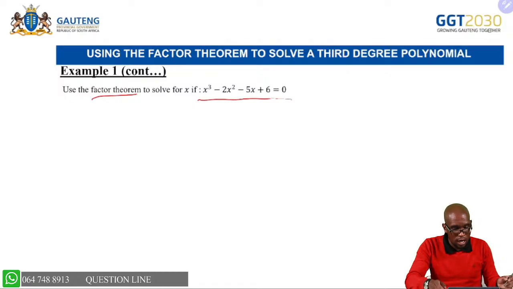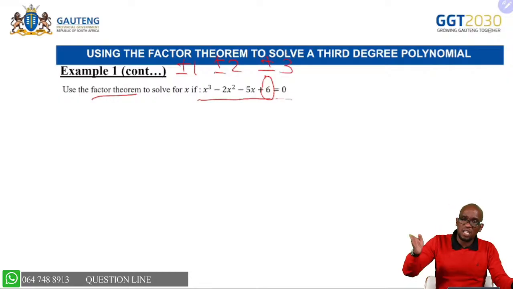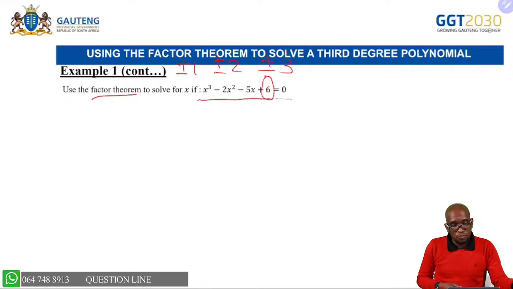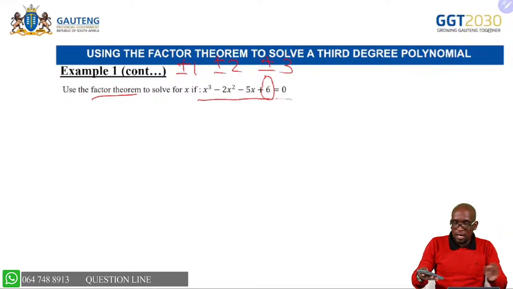How do you work out the factor? You look at the last term. So the factors of the last term, it's plus minus 1, plus minus 2, plus minus 3. Those are the factors of the last term, 6. So we're going to try those factors out in our calculator, starting with negative to positive, or positive to negative. I'm going to start with negative 1.